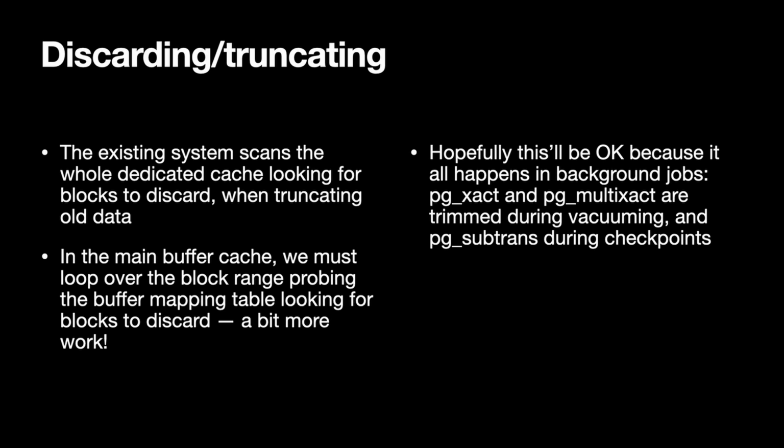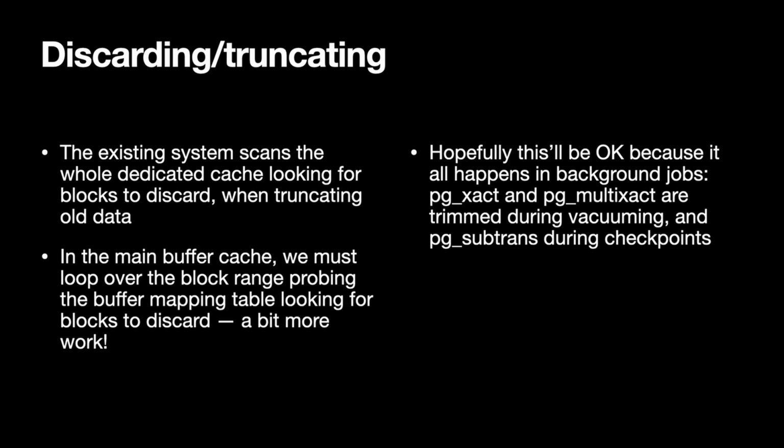Because when we dropped tables, we always had to do a full scan of the buffer pool, looking for anything from that table to kick it out, because we don't have something like a tree-based data structure for the mapping table, so we can't actually scan in order for a given relation.